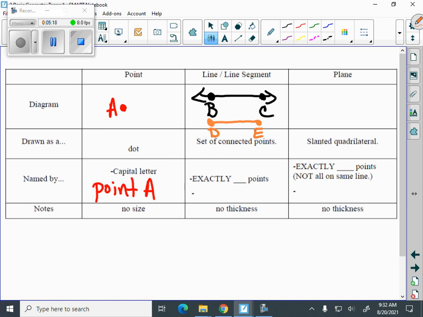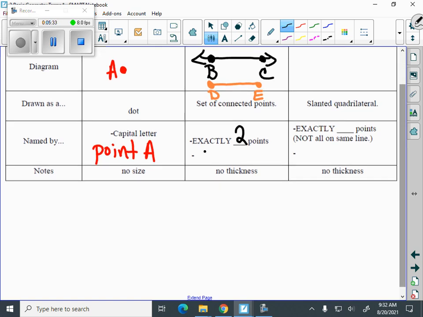So when we look at these two here, when we name a line or a line segment, there's going to be 2 points on it. In terms of the line, this would be line BC with an arrow on top. That's how we signify or show that we're working with a line.